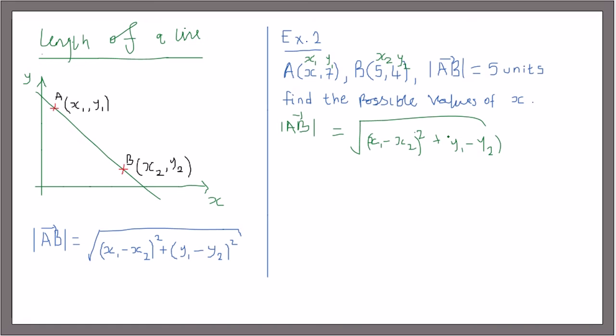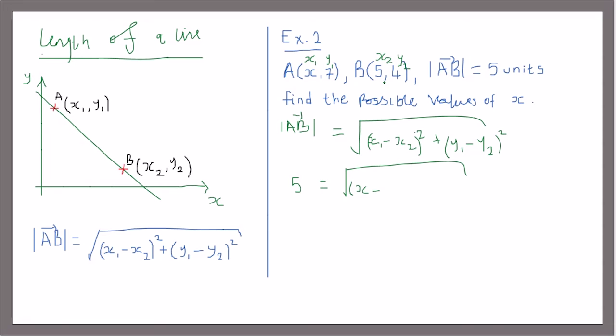Please don't forget to square this, and everything is under the root. So we substitute. On the left hand side we have the length, which is 5. Substitute a 5 here, equals a square root of, now feed in what is x1. X1 we said was our x here, so I have x there, minus what is x2.